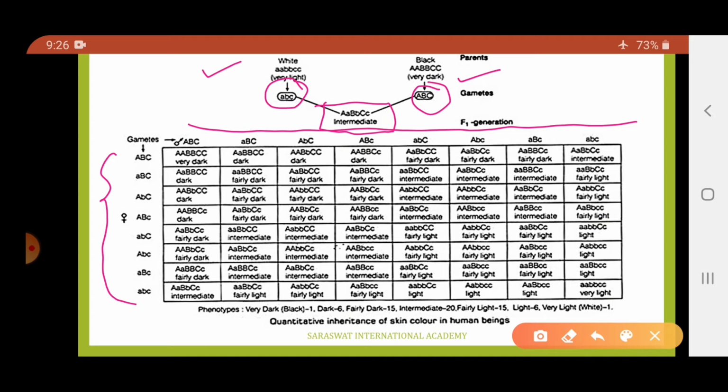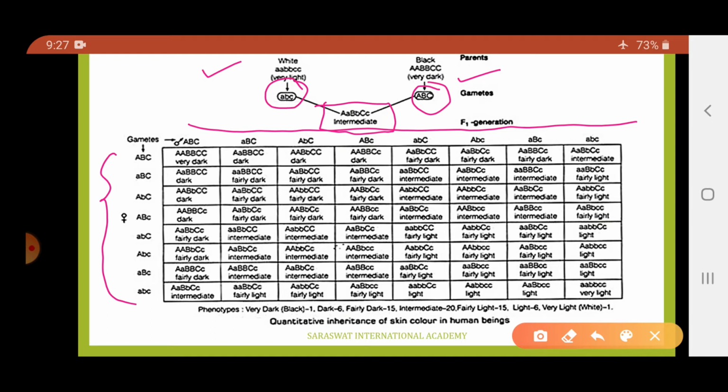Capital A, capital B, capital C; small a, capital B, capital C; capital A, small b, capital C; capital A, capital B, small c; small a, small b, capital C; capital A, small b, small c; small a, capital B, small c; small a, small b, small c. And these are the eggs produced. The same will be the composition of the sperms. And when we cross, we get 64 outcomes.